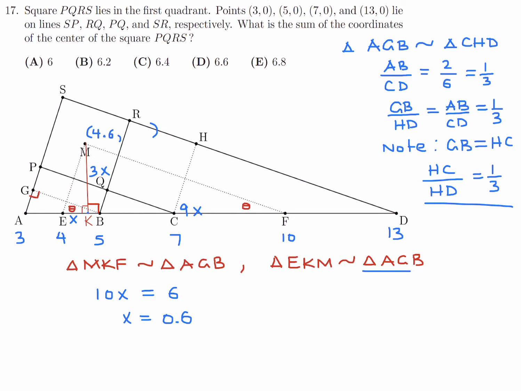And the y coordinate is just 3x, top to bottom. So that's going to be 3 times 0.6, which is 1.8. And there we go. We just got the coordinates of the midpoint of that square. Now we just have to add them. So it'll be 4.6 plus 1.8, and that is 6.4. So number 17, the answer is C.